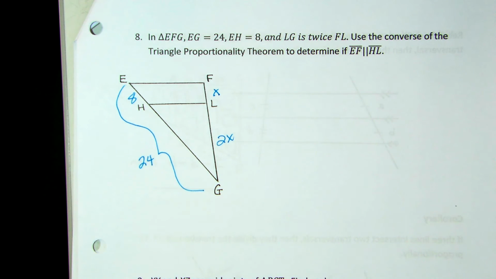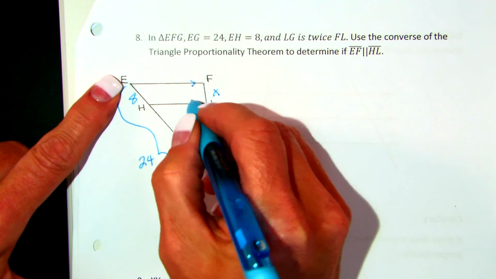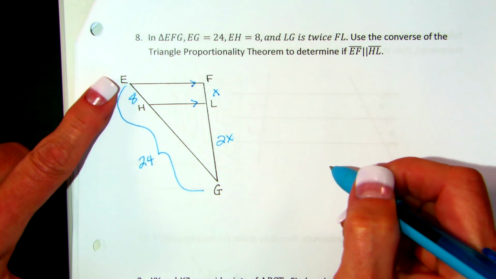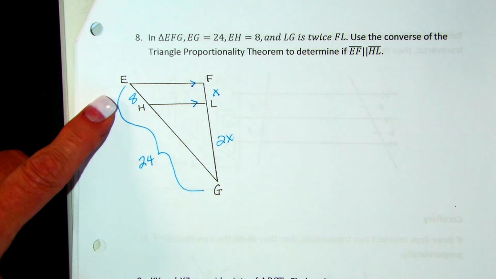And then it says use the triangle proportionality theorem to determine if EF is parallel to HL. So that means we need to show that the sides are proportional, or the segments are proportional, and then we can say that the lines are parallel.